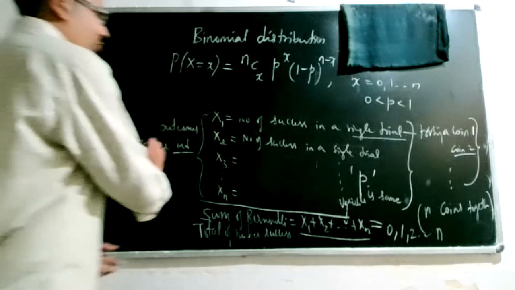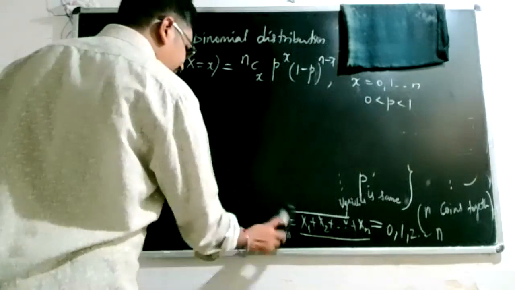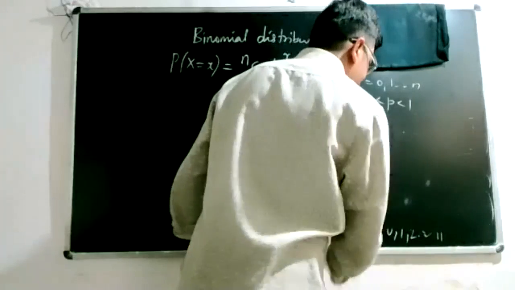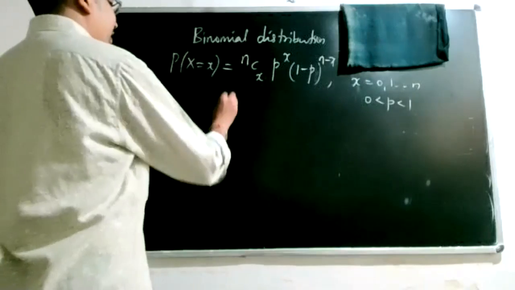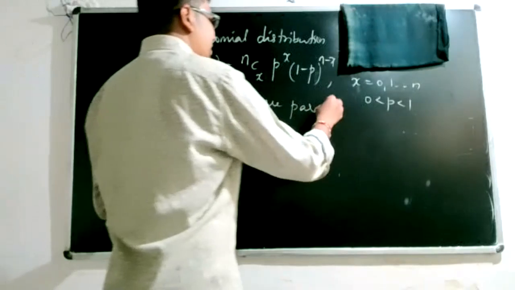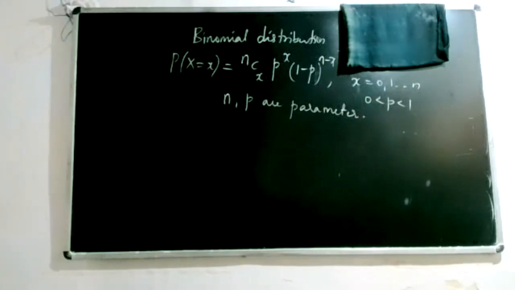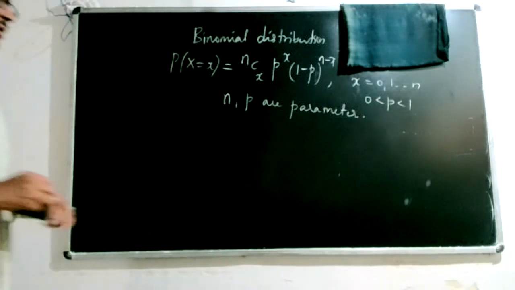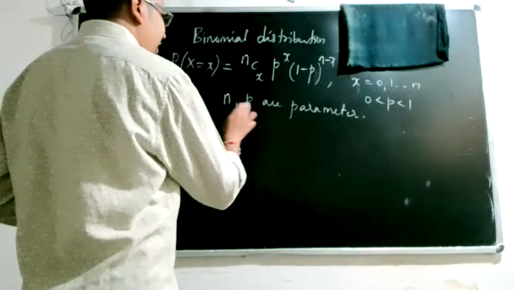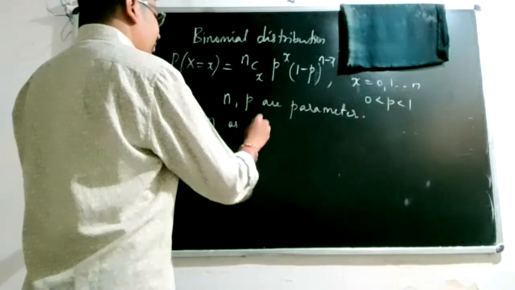So this entire distribution depends on the value of n and the value of the Bernoulli p. So we say n and p are parameters. In case of Bernoulli, just p is the parameter. So you should somehow obtain the value of p. If you have observed p, the entire distribution properties are known. Here you should know what n is, you should know what p is. So we define n simply as the total number of Bernoulli trials.